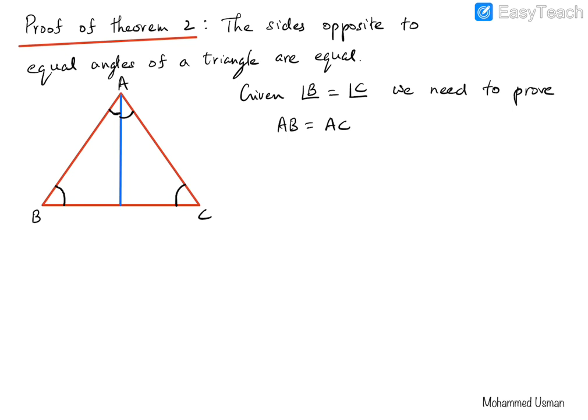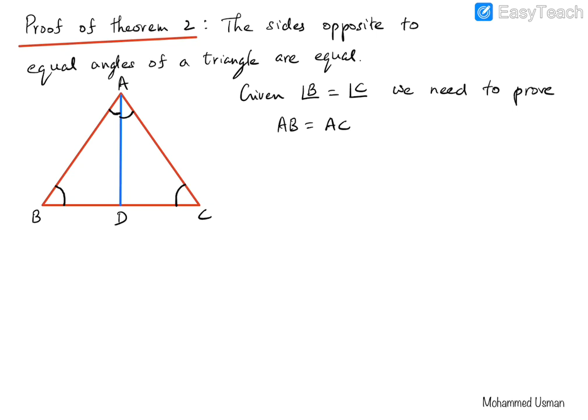So that's half of the angle A, and we are going to prove that our side AB is equal to the side AC, and the meeting point of the blue line with the side BC, we will simply mark it as D like before.